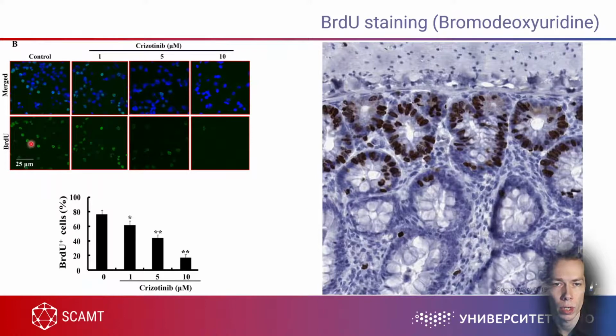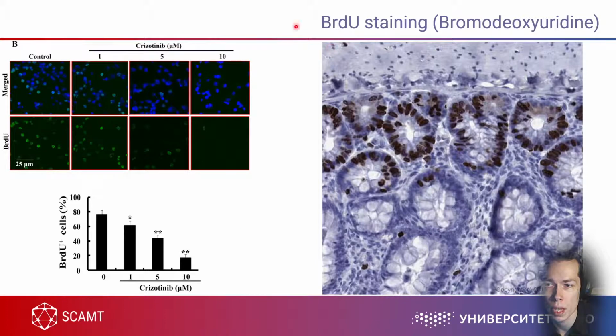For example, here we have some control sample and some cells treated with crizotinib. It's an anti-cancer drug. And as you can see, at a concentration of 10 micromoles, there are no dividing cells. And no dividing cells because, well, they're dead, probably.